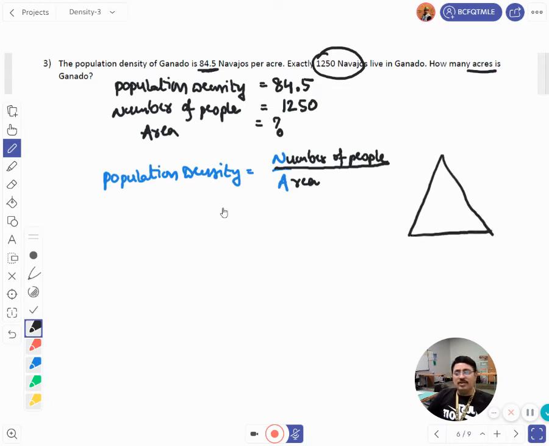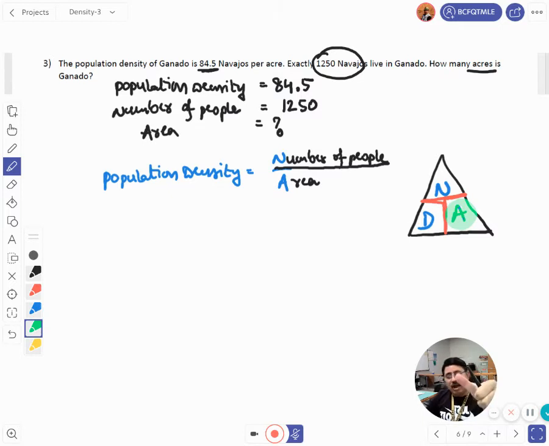The magic triangle is drawn. Take the English alphabet T. Then write that population density equals number of people over area. Now you are planning to compute the area, right? So use your thumb and close the area part.